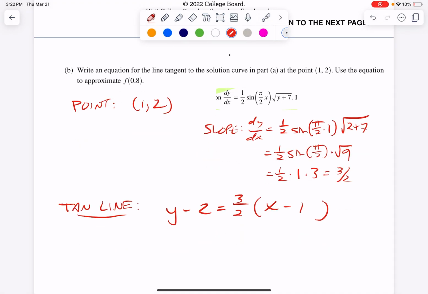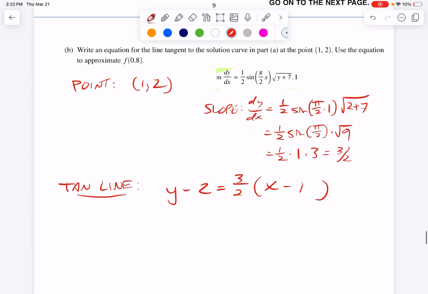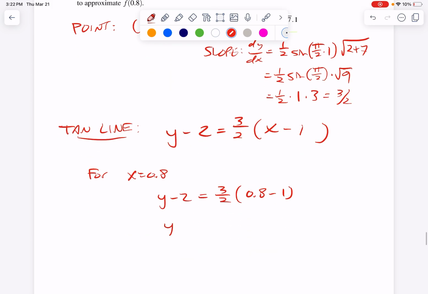Then it says use this equation to approximate f of 0.8. So for x equals 0.8, we would have y minus 2 equals 3/2 times 0.8 minus 1. Y minus 2 equals 3/2 times negative 0.2.